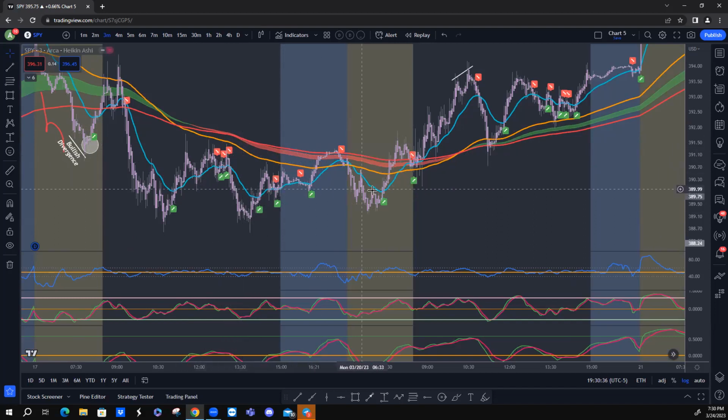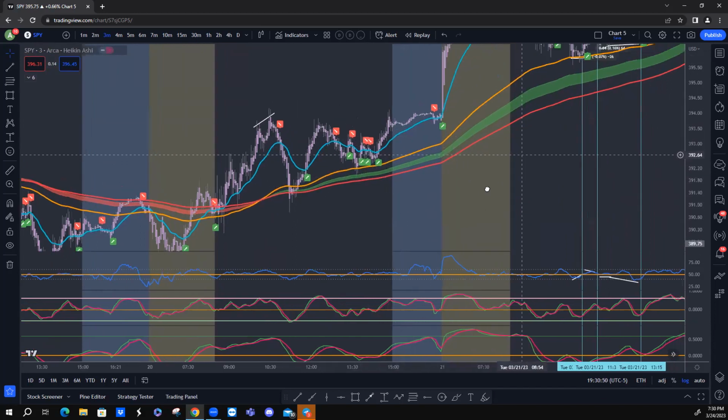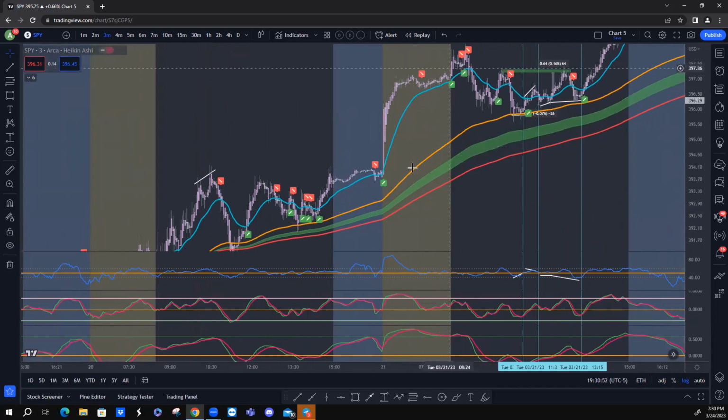I don't know, I'm just thinking out loud right here. Like right here, it's the red ribbon, and you can just take shorts. And then when you get the green ribbon, you can only take long positions. I wonder if that can work out.